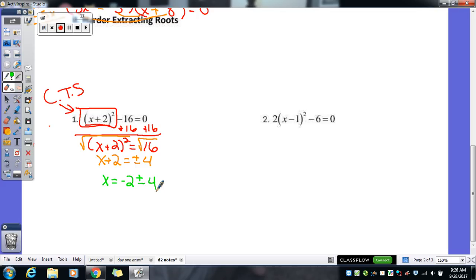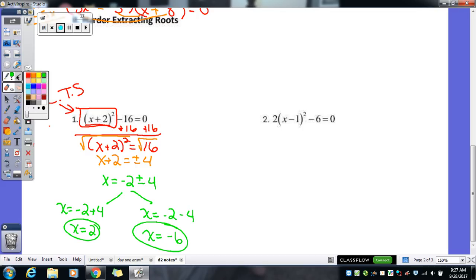So I get x equals -2 plus or minus 4, and then we can actually figure out our answers from there. If I do -2 plus 4, that would give me a 2. And then a -2 minus 4 would give us a what? -6. So that's the much easier way of doing it than multiplying everything out.